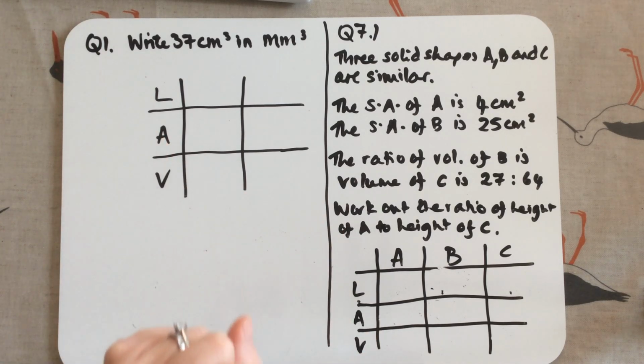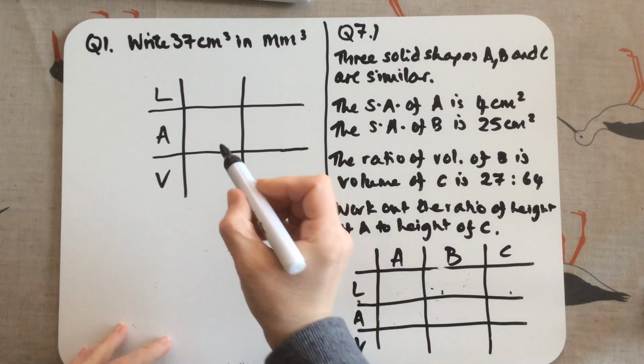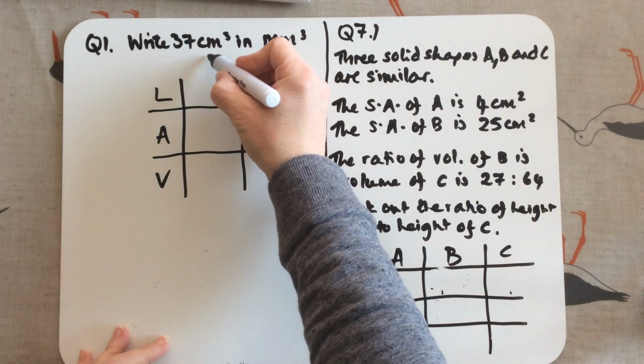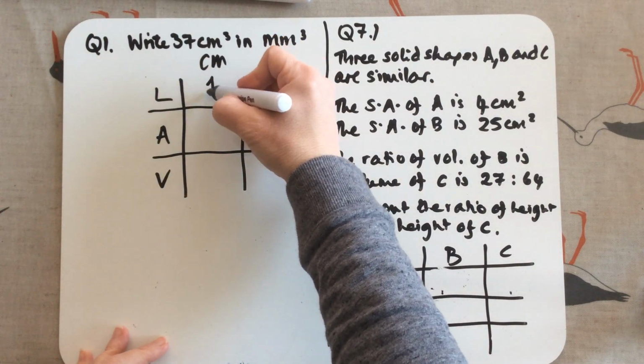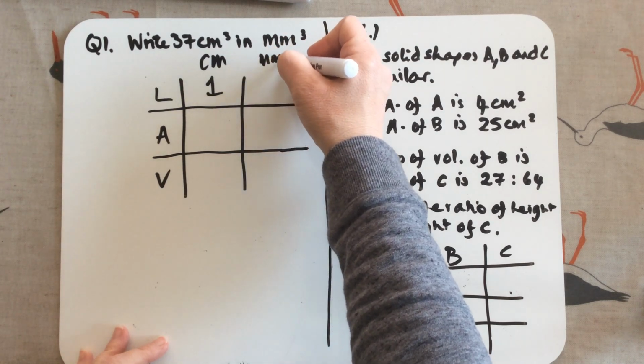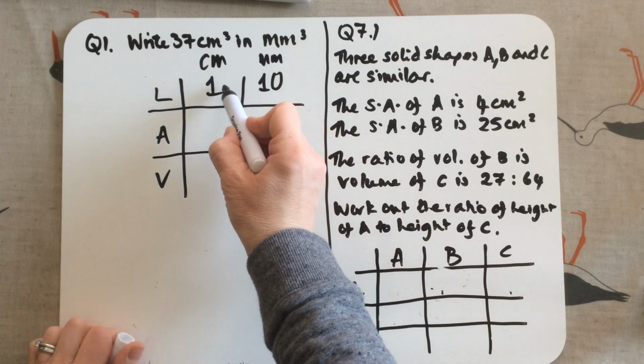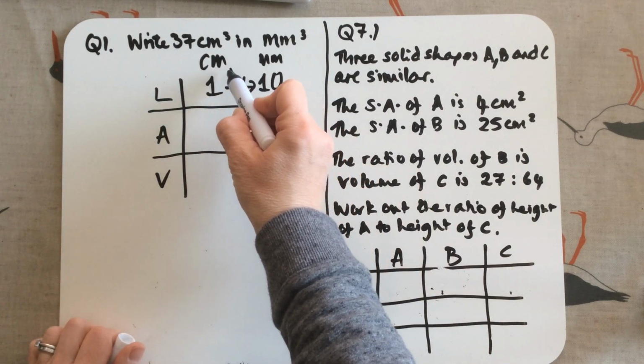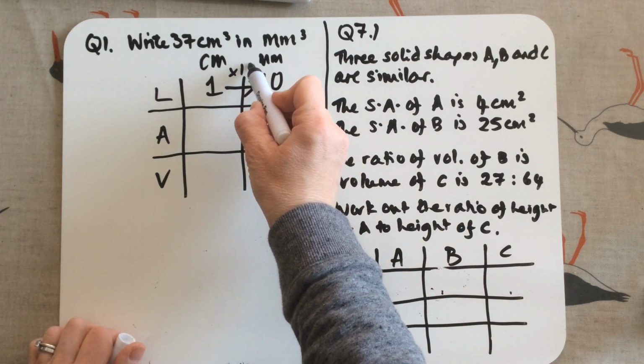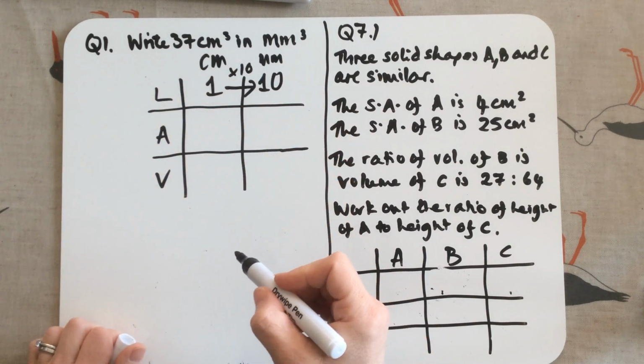So question 1 is write 37 centimetres cubed in millimetres cubed. So what I know is that for 1 centimetre I have 10 millimetres, and that means that the length scale factor or conversion is that I'm multiplying by 10.